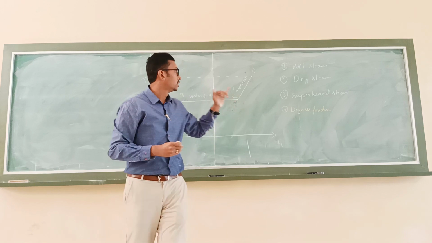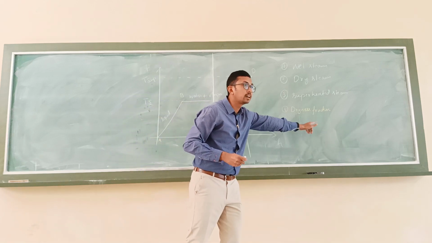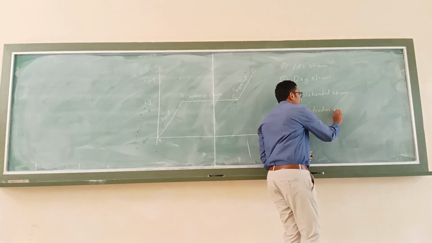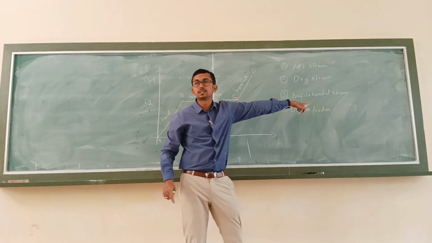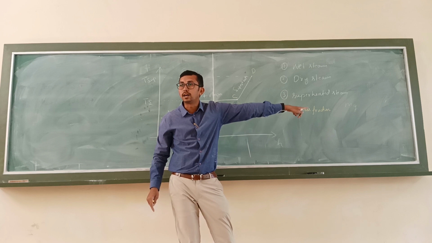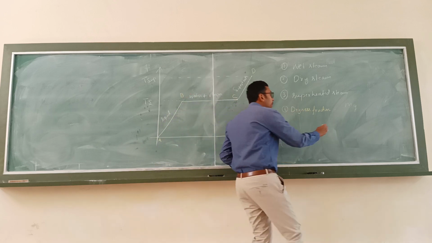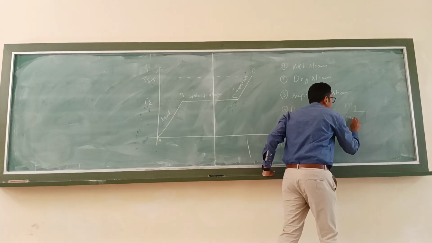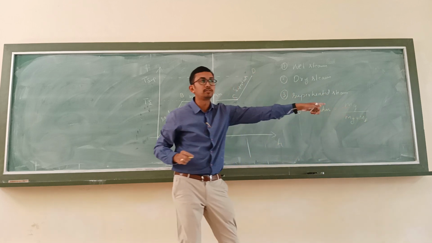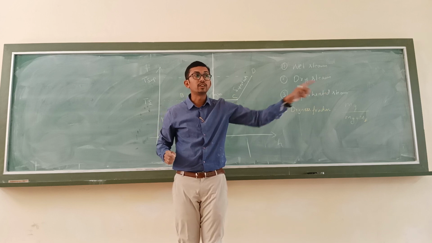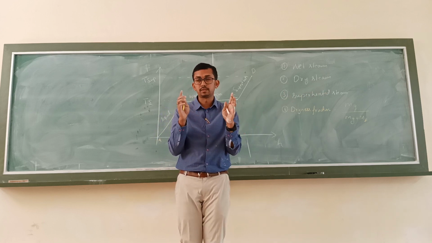Okay. So dryness fraction, it is the ratio of mass of dry steam, that is represented as mg, to the mass of wet steam, mg by mf. Why is it mg by mf? What is the meaning of wet steam?